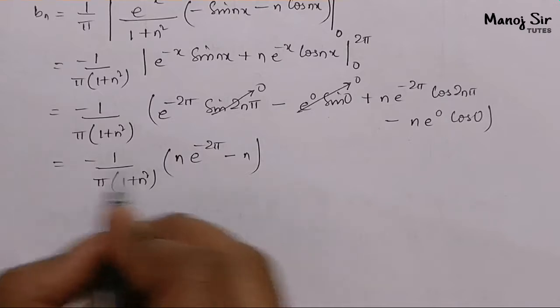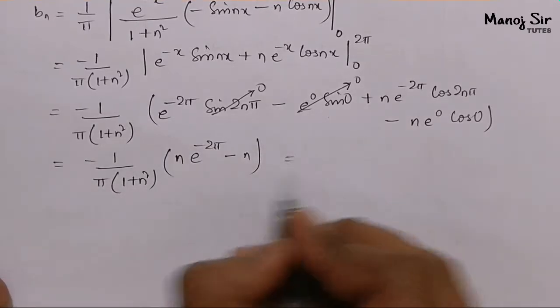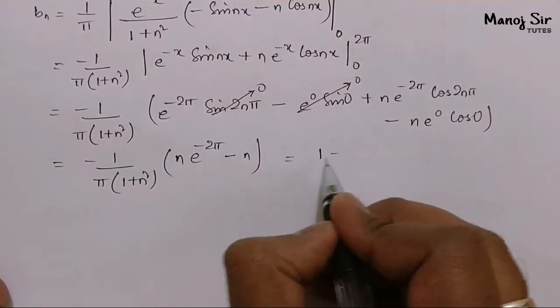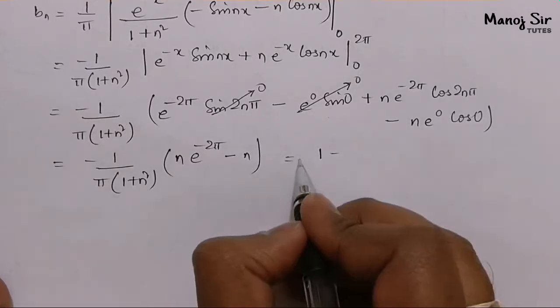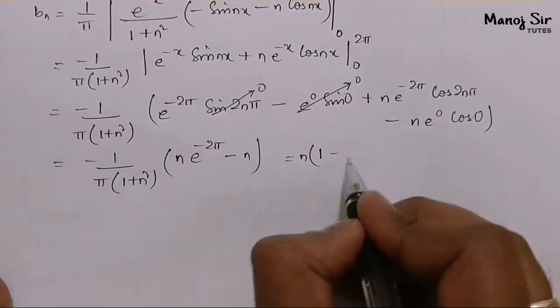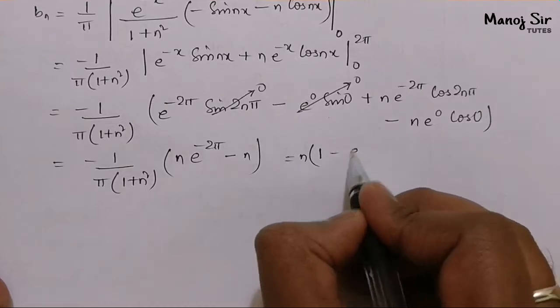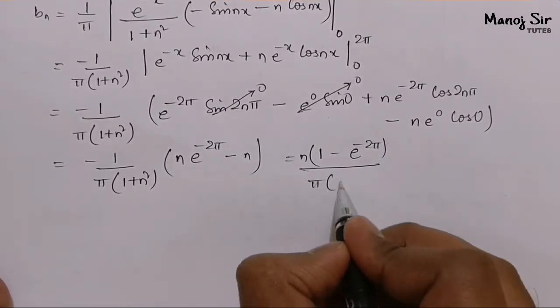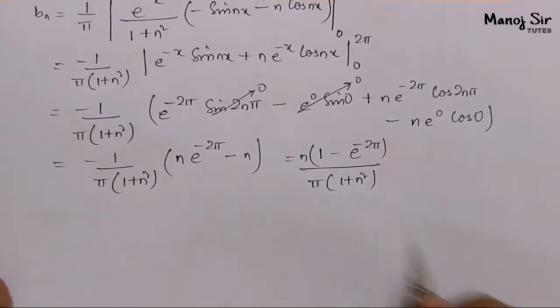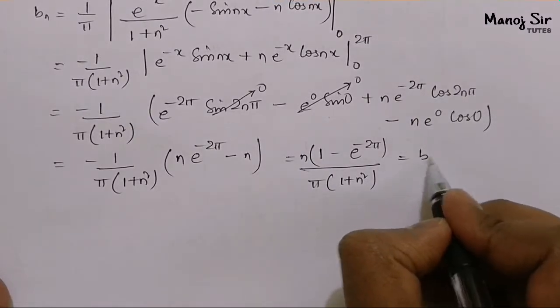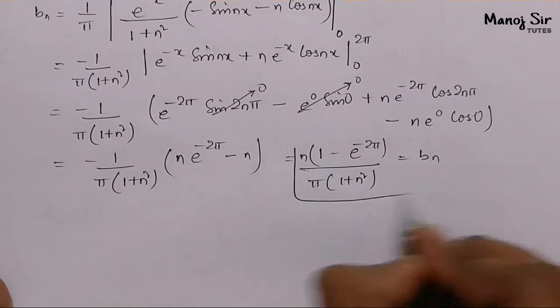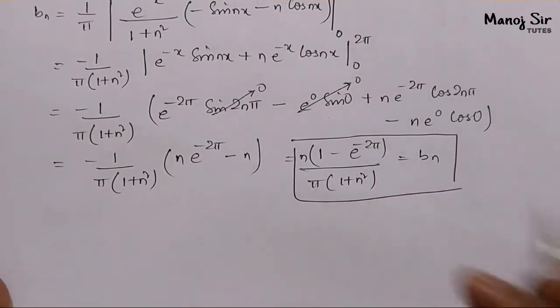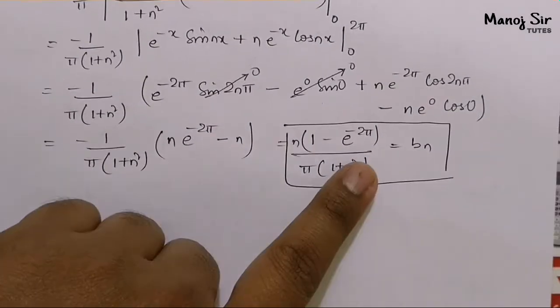Again taking minus common, take n common, you will have 1 minus this part, that is e to the power minus 2 pi upon pi times 1 plus n square. So this is the value of Bn. So we have the value of Bn as this.